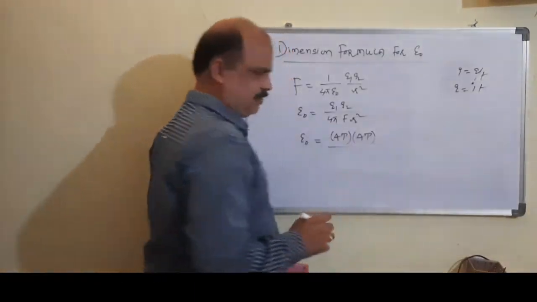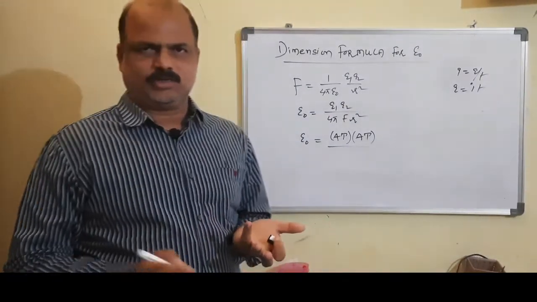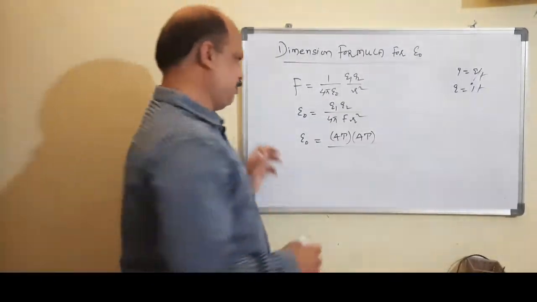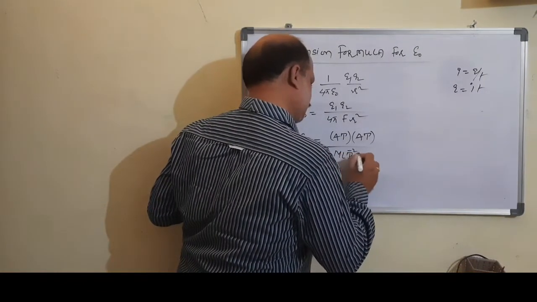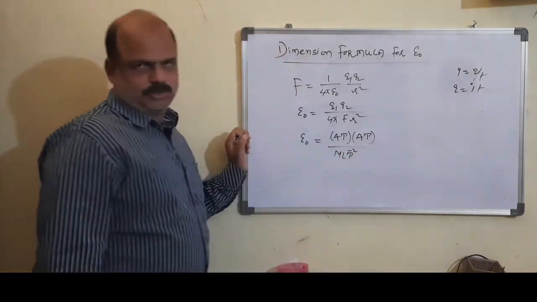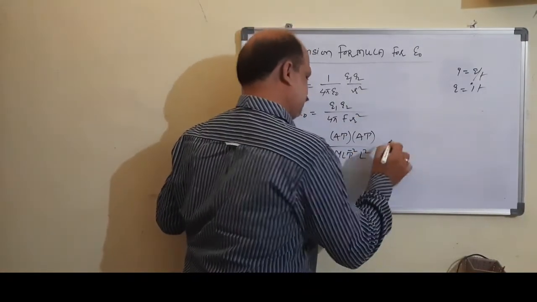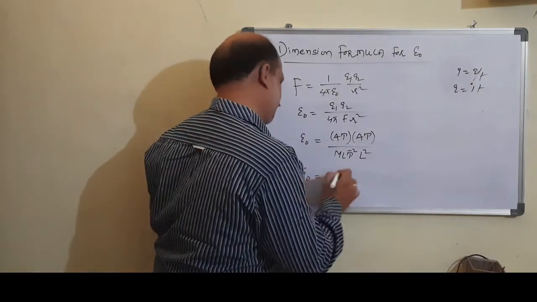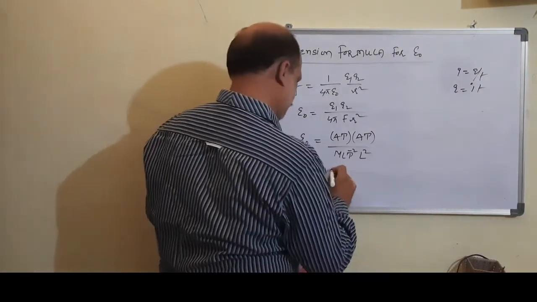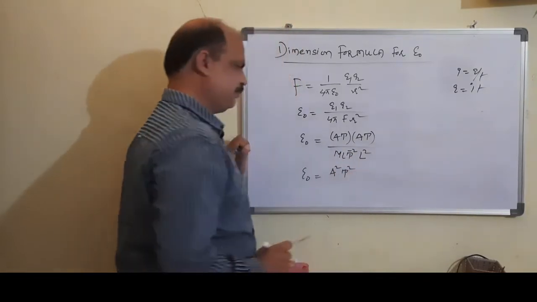Okay, 4 pi. The dimensional formula for a constant is nothing but 1, no dimensions. Force is M L T to the power of minus 2. This is the dimensional formula. R square, distance square, is L square. So doing the calculation here, A into A square, T into T square.